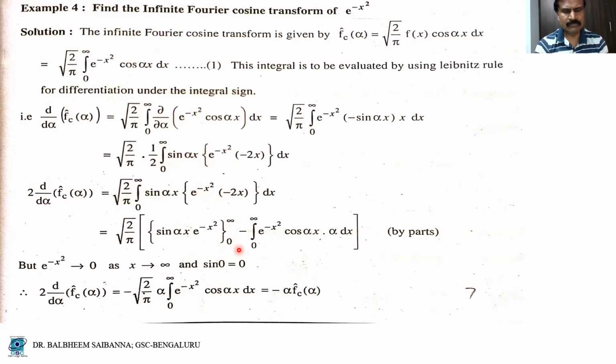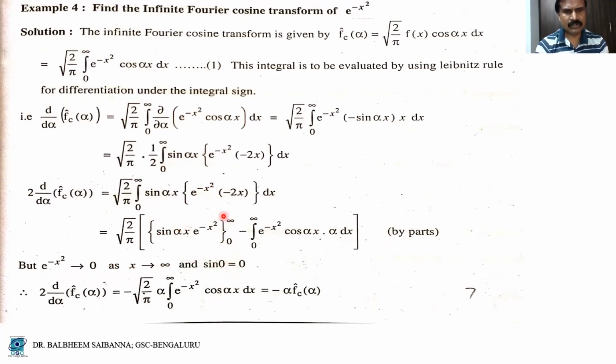Integral 0 to infinity, minus times of integral 0 to infinity, integration of second. As I told, this integration is e to the power of minus x square. E to the power of minus x square times the derivative of sin alpha x, which is cos alpha x into alpha dx, integration by parts. Here e to the power of minus x square tends to 0 as x tends to infinity, and sin 0 goes to 0.